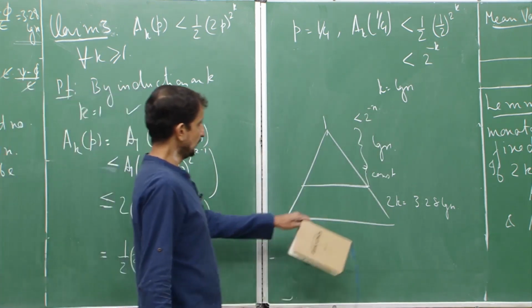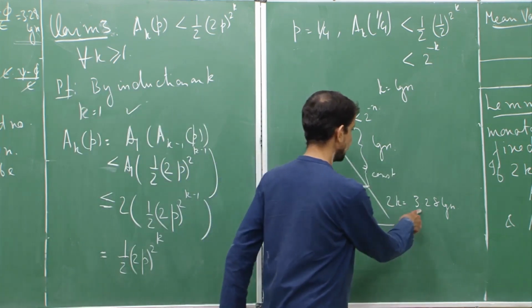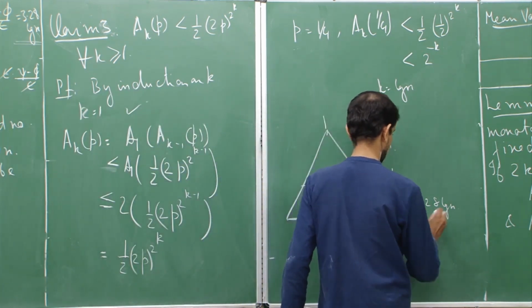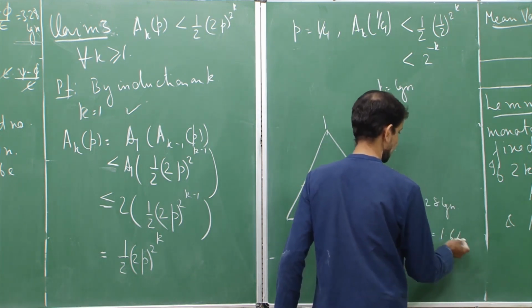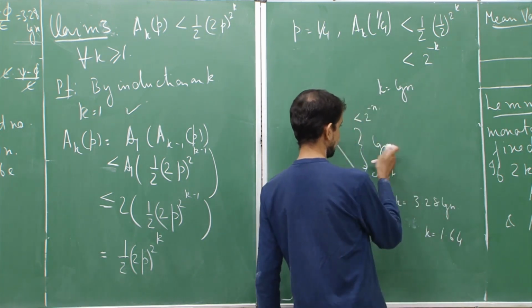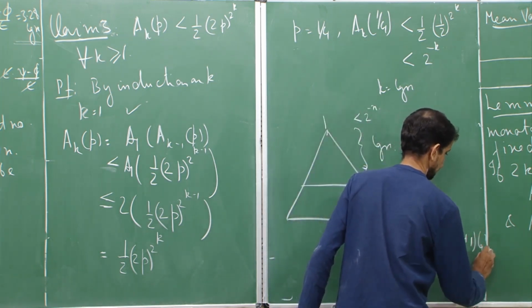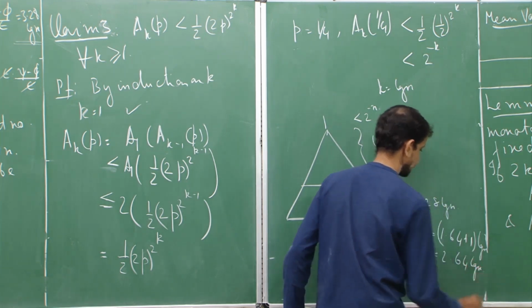So, what is the number of layers? Here I have k equal to 1.64 plus some constant, and here I have another 1, times log n. So, this is equal to 2.64 times log n.